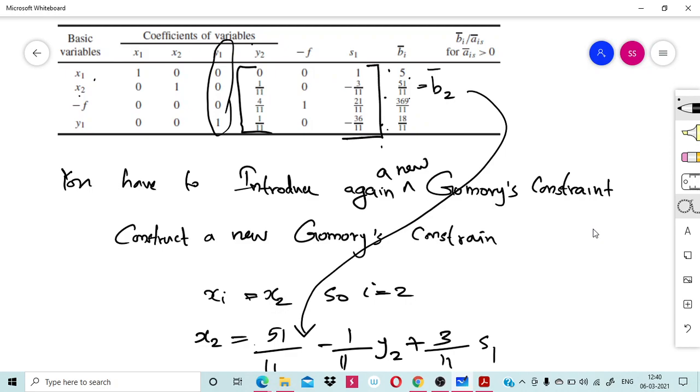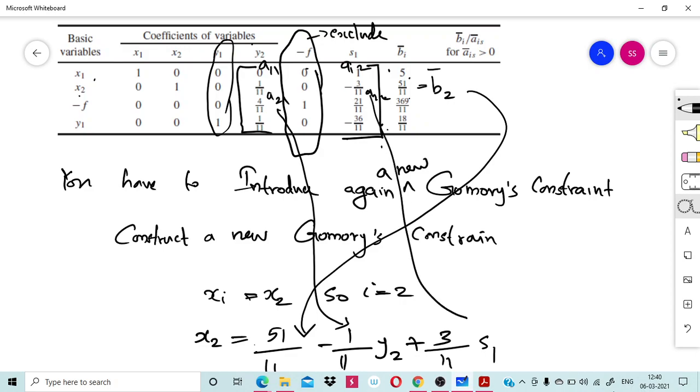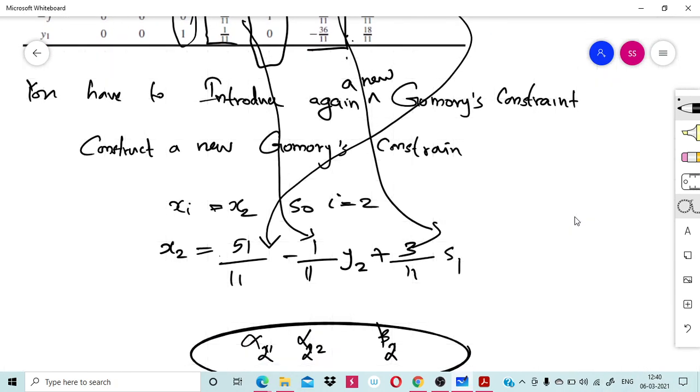Yes, this matrix excluding the minus f column, exclude. So this will be your a11, a12, a21, a22. So a21 is 1 by 11, that is what we have written here. a22 we have written here, 3 by 11.